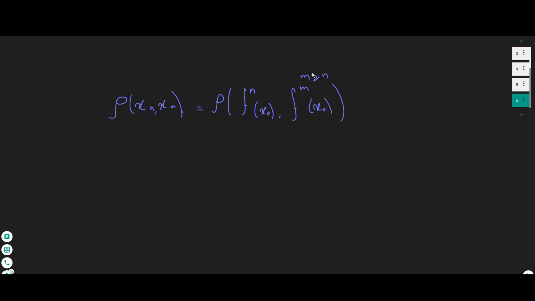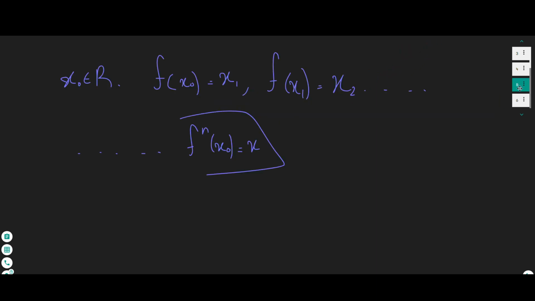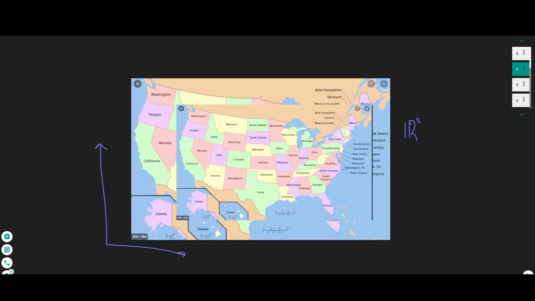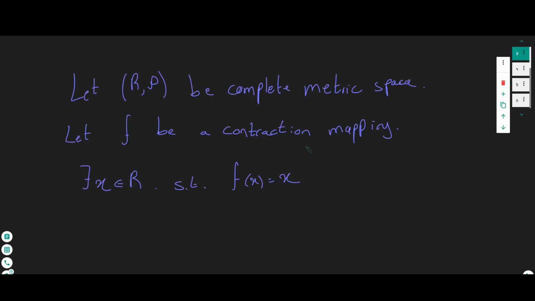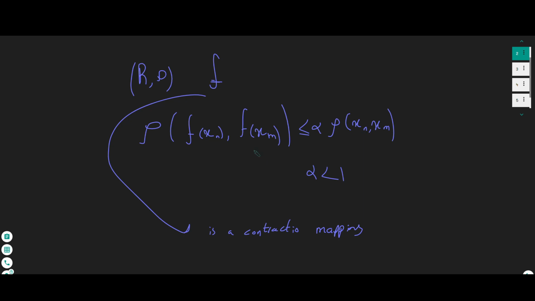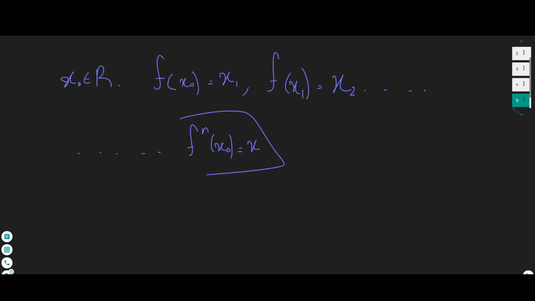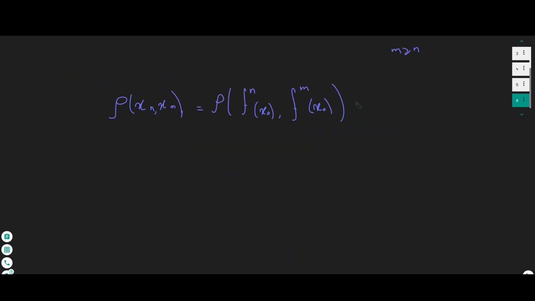Well, what can we do with this? Let me get this out of the way. Well, we can remember the inequality for contraction mapping. Where was it? It's over here. Let's apply that here. So this is less or equal to, well, we can take an alpha out.